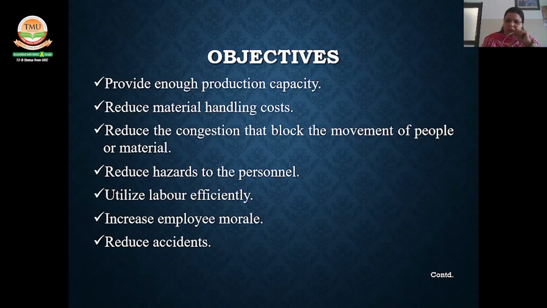We can remove the blockages that occur in movement through proper layouts. Next one is reducing hazards to personnel.